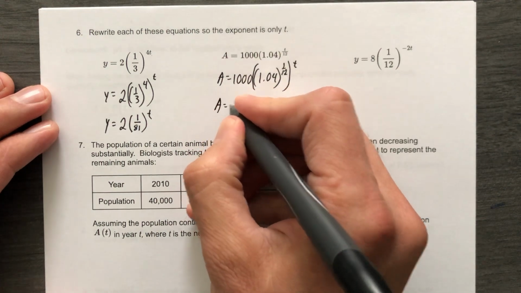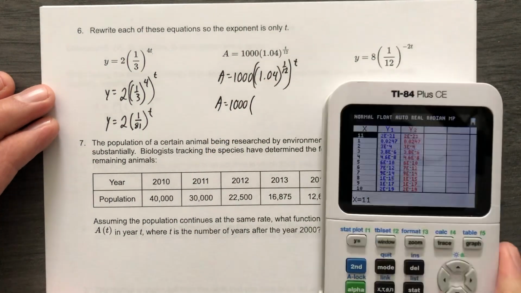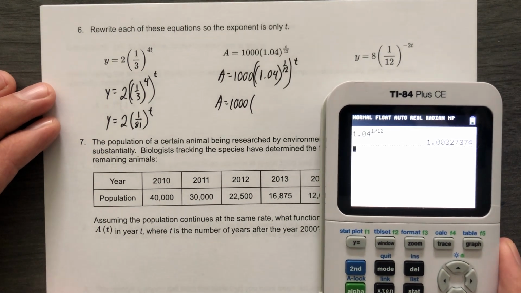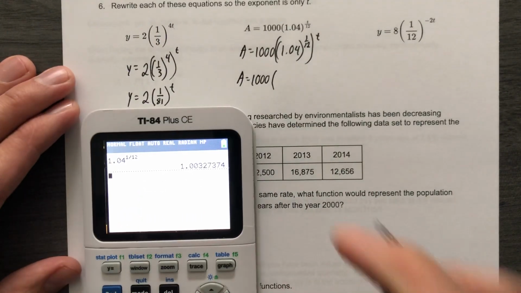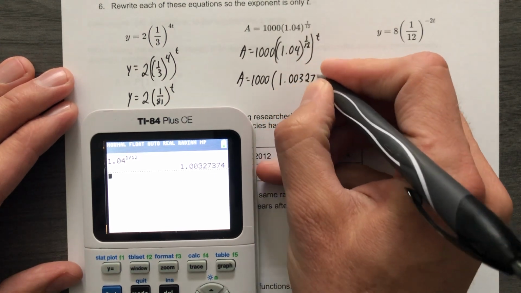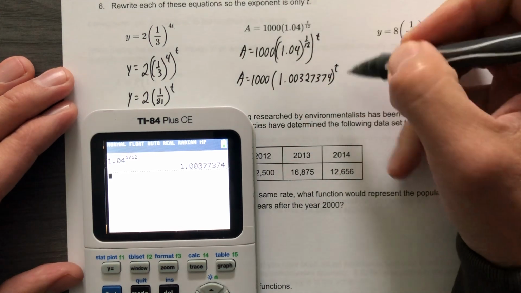Now we're probably going to run into some rounding errors here if we're not careful. So here goes. 1.04, we're going to raise it to the 1/12th. This is really the 12th root of 1.04. Right, and that's what I have. I actually am going to just write that whole thing: 1.003273774, and we're going to raise it to the t. This is equivalent to that.